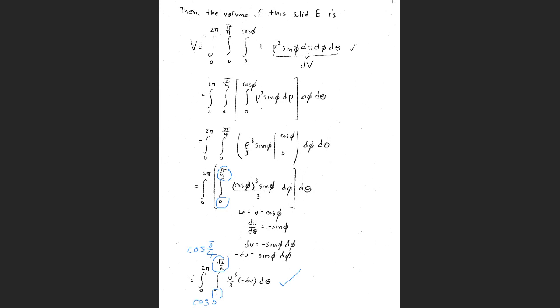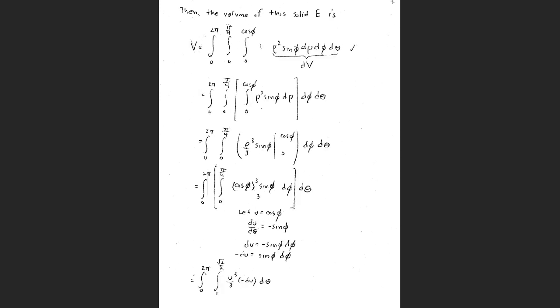You notice, by the way, that when we did the substitution here, we have a smaller number for the bottom limit than we do for the top limit. But mathematically, that's okay. It's no problem. When we go to the next page, I rewrite the integral, and you notice I do have a negative here.